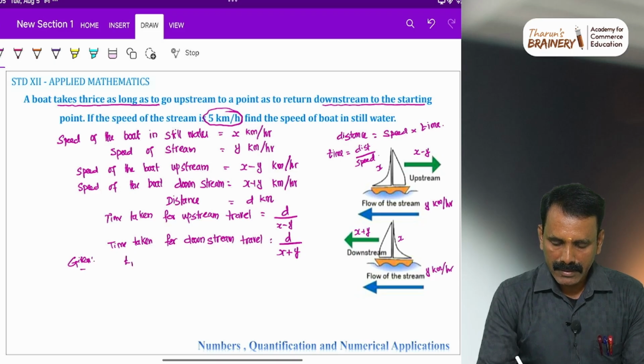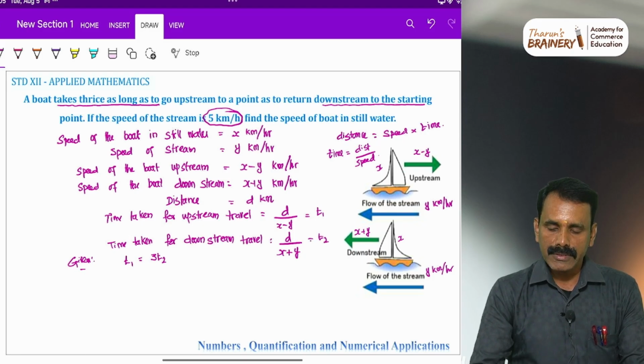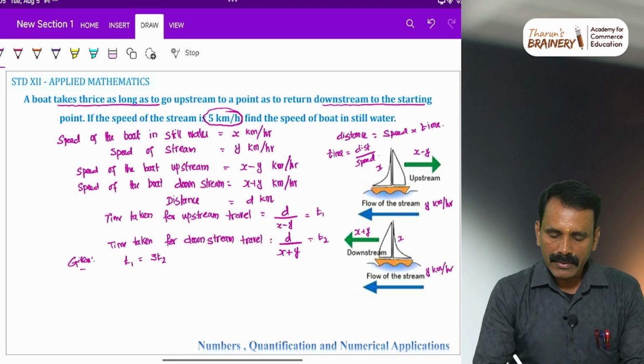So given, T1 is equal to 3 times T2. So for upstream travel we take the time to be T1, and for downstream travel we take the time to be T2. So we substitute all the values.